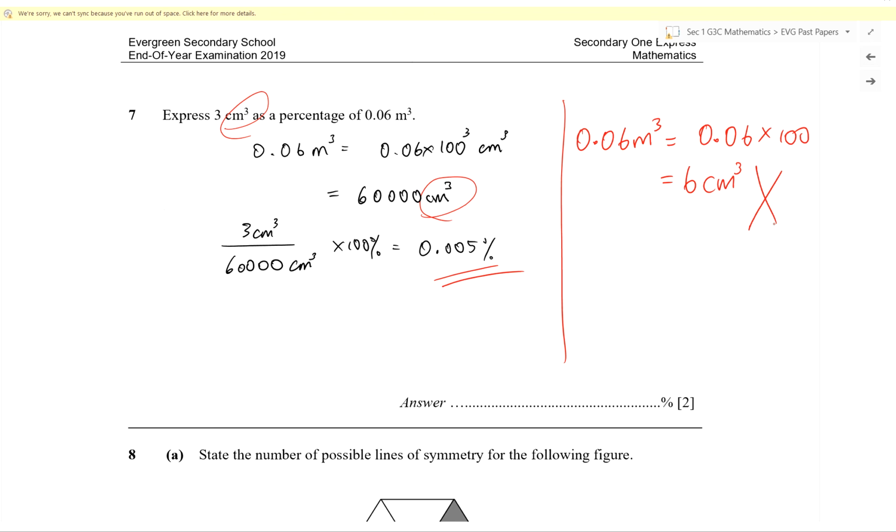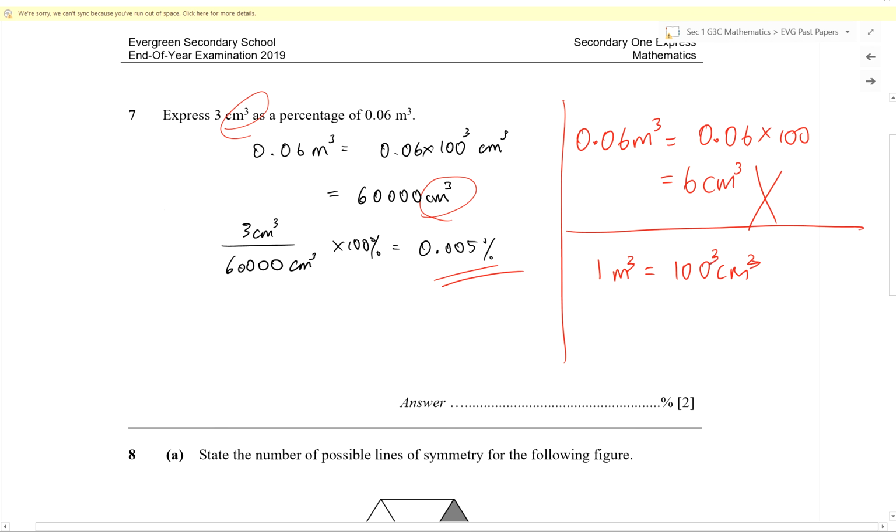Okay? So how do we remember this? Actually all of you are good at remembering. 1 meter equals 100 cm. All can do this, confirm. But what about 1 square meter to cm square? Then you put a square here. Then what if it is 1 cubic meter to cubic centimeter?